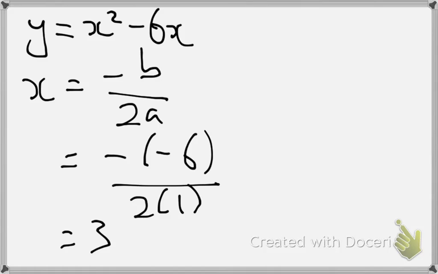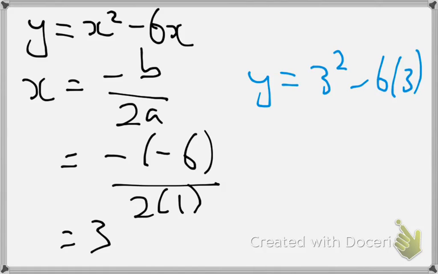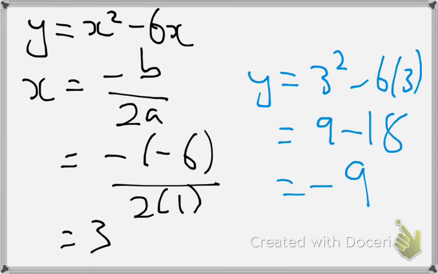Once I've found my x value, I then sub it back into the equation to find my y value for the vertex. So y equals 3 squared minus 6 times 3. That's 9 minus 18, which is minus 9.